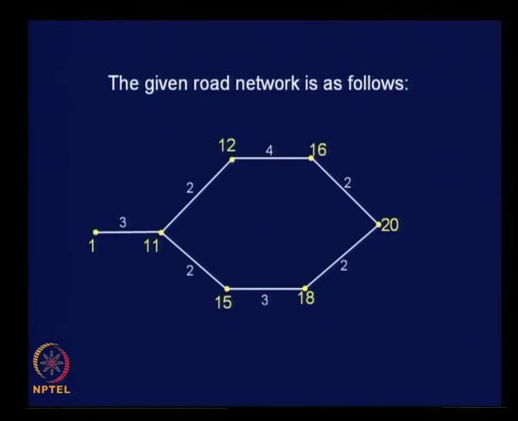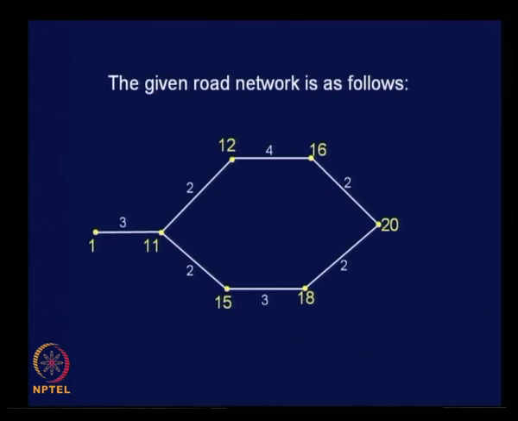Clear? And what is the travel time along 1, 11, 12, 16, 20? Travel times are indicated with white colored numbers. Okay. So, 3 plus 2, 5, plus 4, 9, plus 2, 11 minutes, and the travel time along the other alternative path, namely 1, 11, 15, 18 and 20 is equal to 3 plus 2, 5, plus 3, 8, plus 2, 10 minutes.